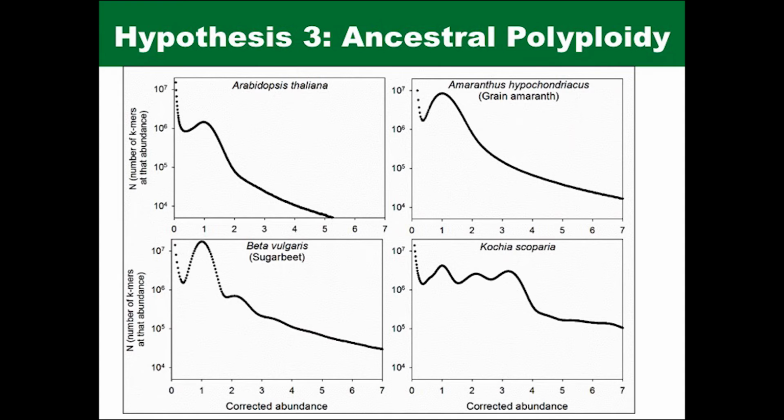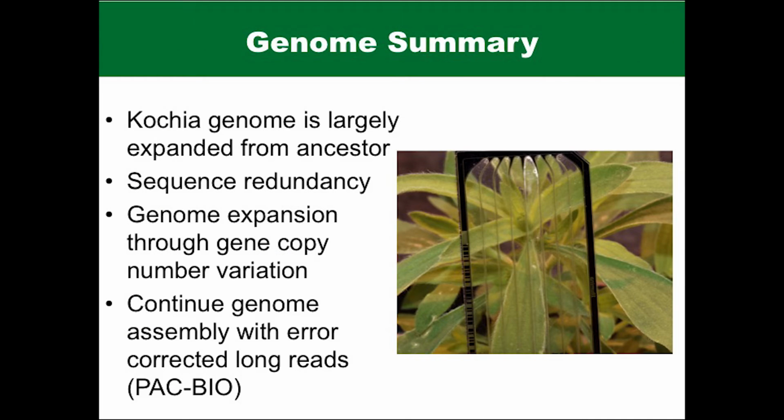And then, of course, here's our kochia data with the 3 peaks before a tail off. So it suggests there could be something going on maybe in this part of the Caryophyllales, that perhaps there has been an ancient, some kind of duplication within the genome, and we're still picking that up, but it's not entirely sure. But we can see there, some kind of sequence redundancy is happening.